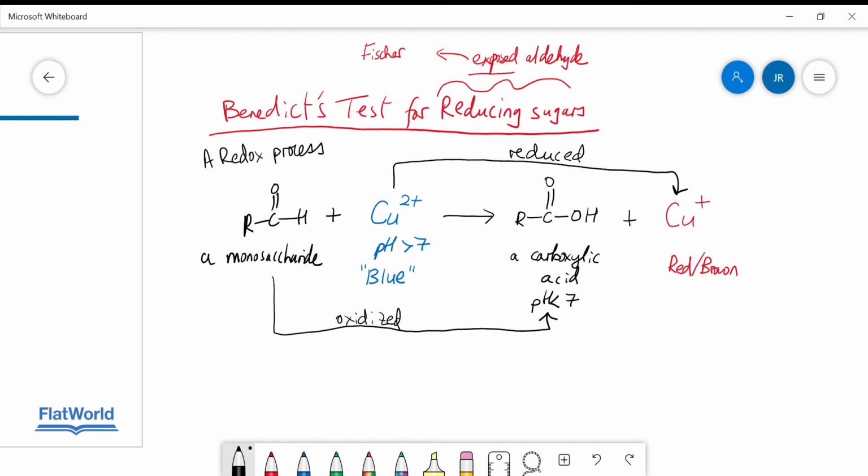So the whole process is redox. So I would like, again, to emphasize to my students that I would like them to know this process. It could be an assessment question.